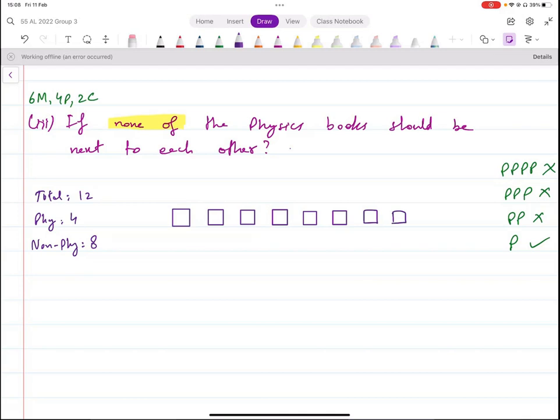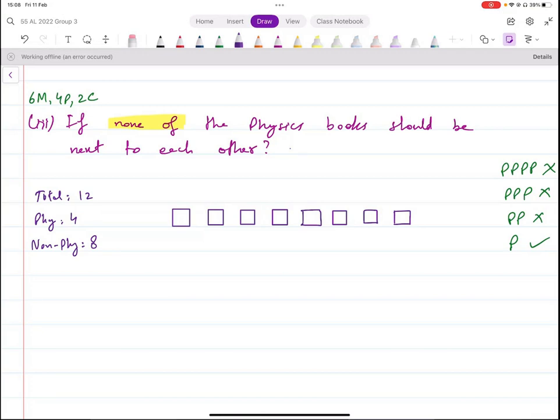So we've got 8 boxes in total. So we're going to draw boxes for everything else. जो physics के अलावा जो बाकी objects हैं, उन सब के लिए we have drawn these boxes. ठीक है? So now what we're going to do is we're going to place all the other books in these boxes. ठीक है?